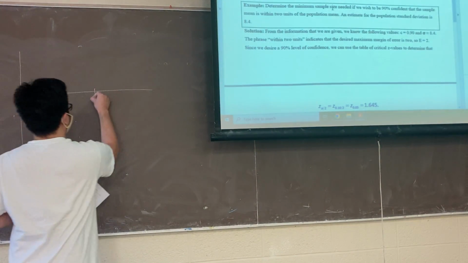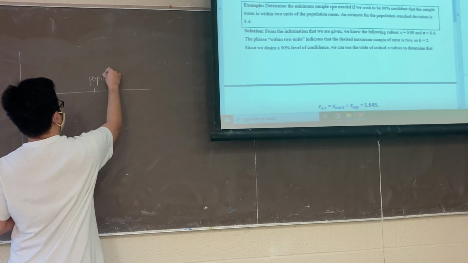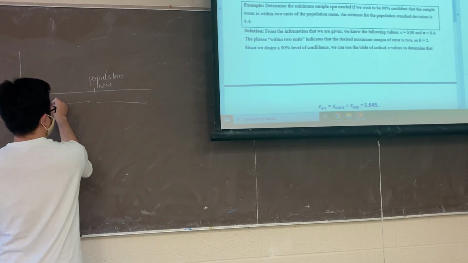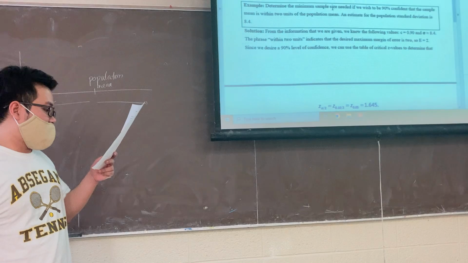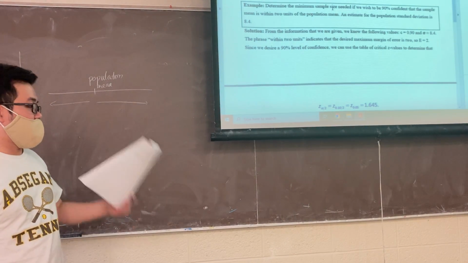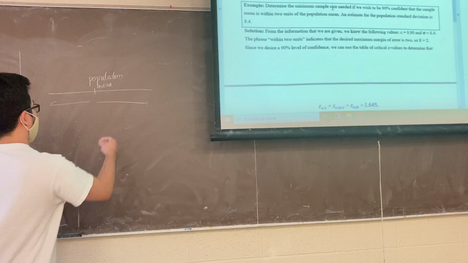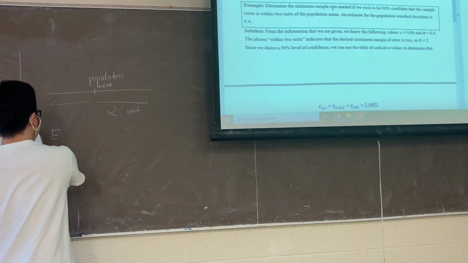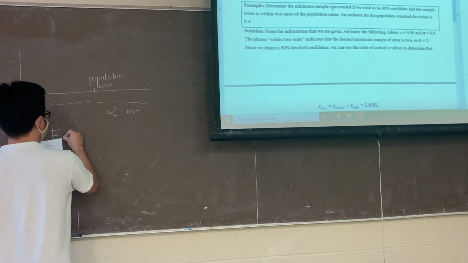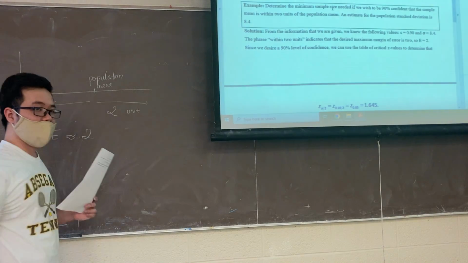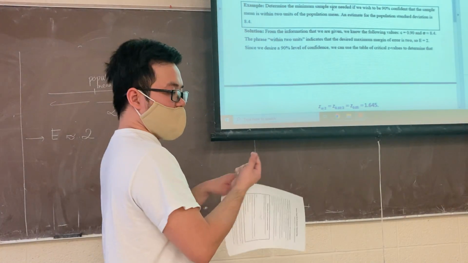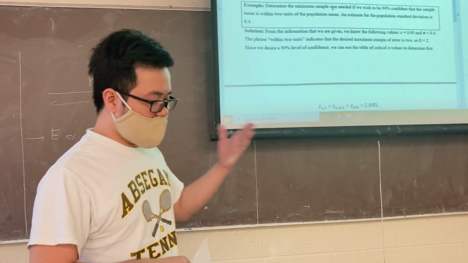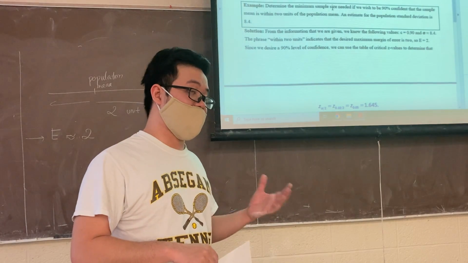Now the question here is about the population mean, right? I want the distance from the point estimate to be within 2 units of the population mean. That means E should be approximately 2, the distance from the point estimate to the maximum value. That is the desired margin of error we want to get.